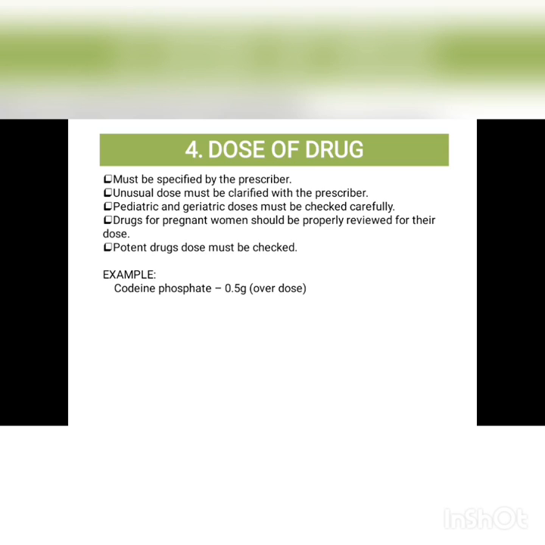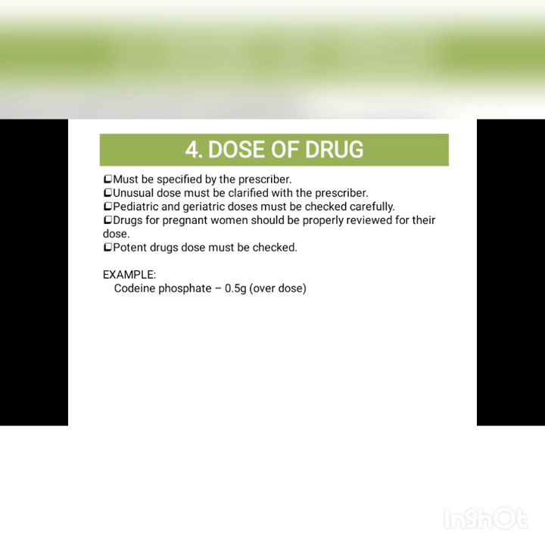For example, we have to take one tablet of 650 mg paracetamol tablet. In that case, one tablet means dose and 650 mg means strength. This is the difference between dose and strength of the drug.